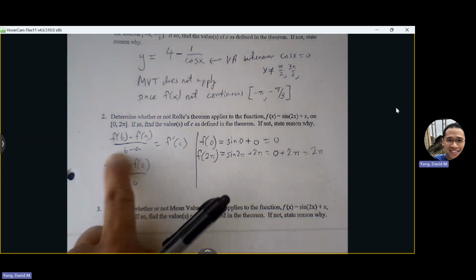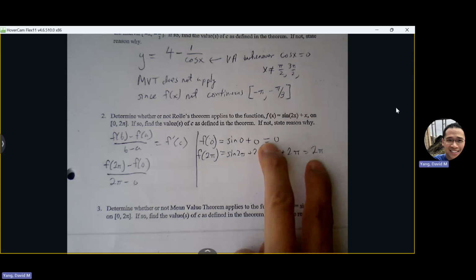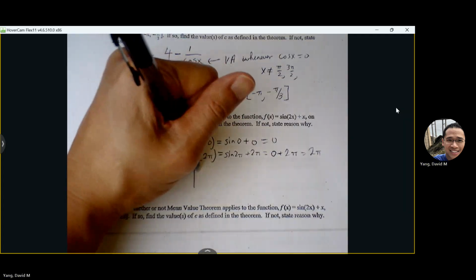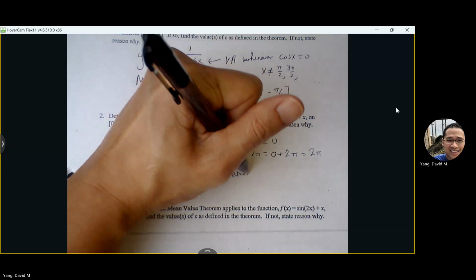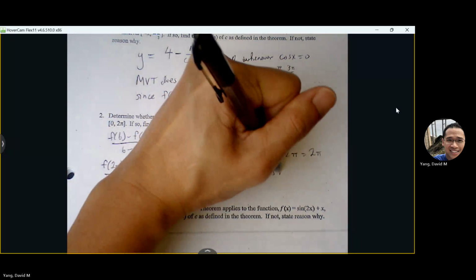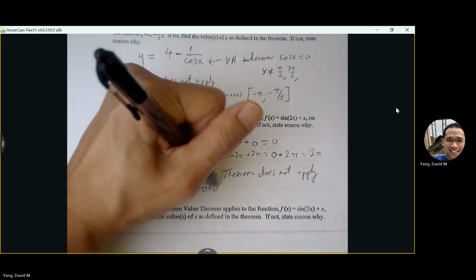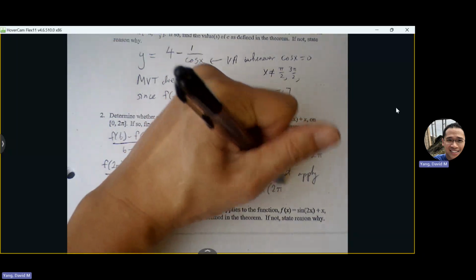This is going to cause the slope to not be 0. So this would be great for mean value theorem, but doesn't quite work for Rolle's theorem, because we need to have a slope 0 in order to move forward with our process. So Rolle's theorem does not apply, since f of 0 does not equal f of 2 pi.